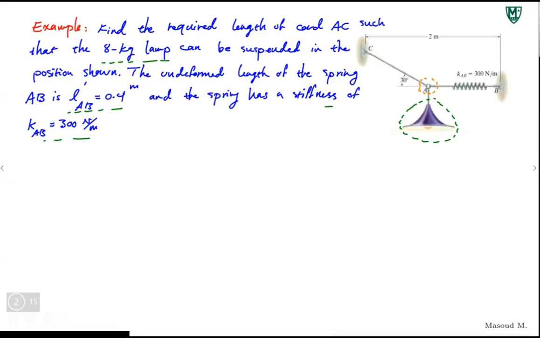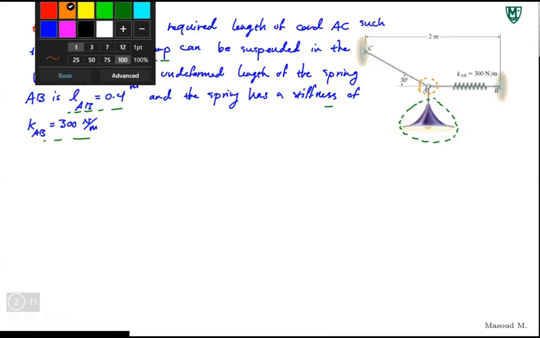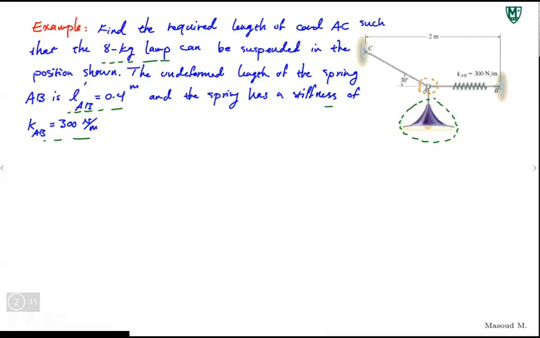All right, so let's start with, as Diego said, the ring. Let's say this is the ring, and I'll say this point is ring A. Now, what forces do I have applied to the ring from those four?